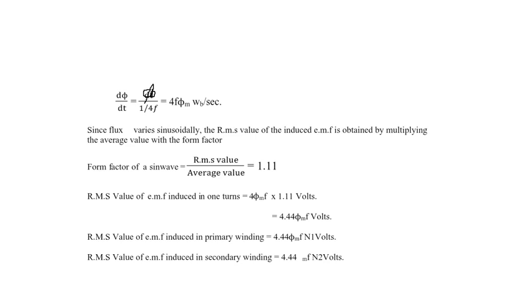The flux varies sinusoidally, and the RMS value can be calculated. We know that the form factor of a sine wave, the ratio of RMS value to average value, is 1.11.